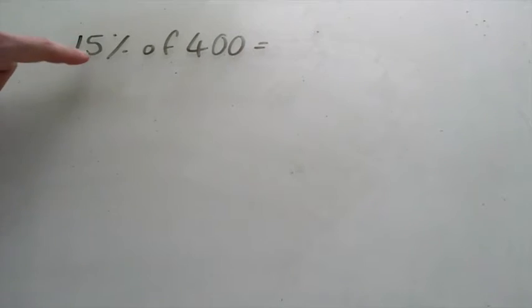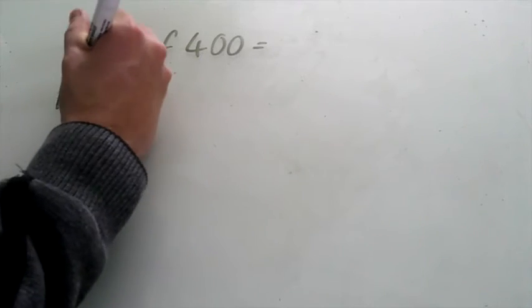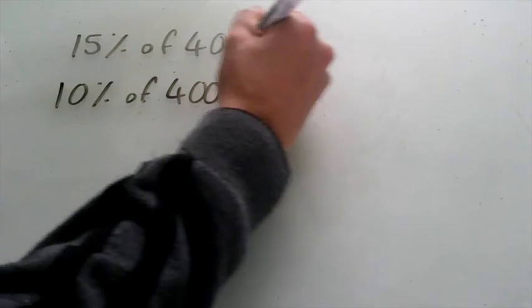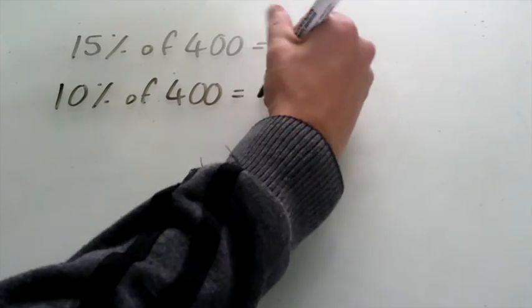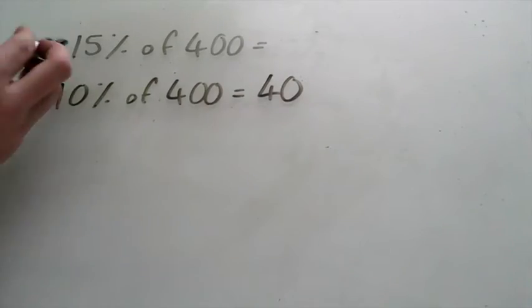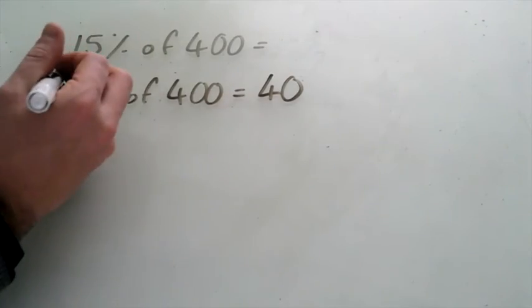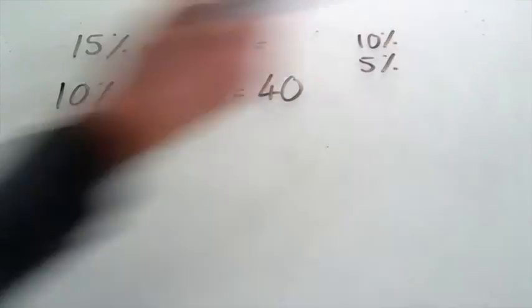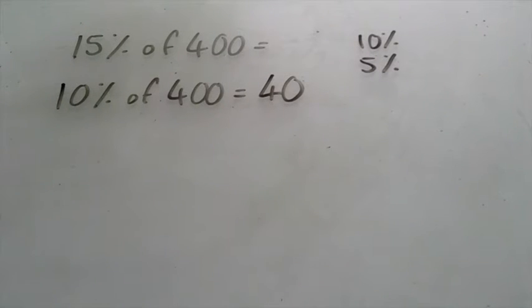Our next one, we're trying to find 15% of 400. Now to find 5%, first of all, you either need to find 10% or 1%. So let's find 10% first. 10% of 400 will give us 40. Now to find 15%, we need to find out 10% and 5% and add them together.